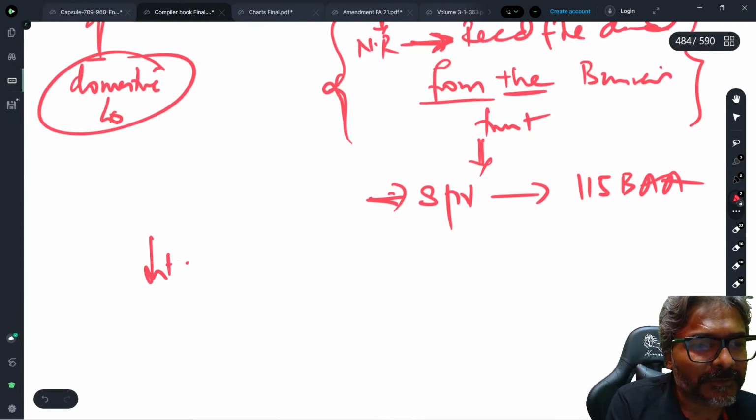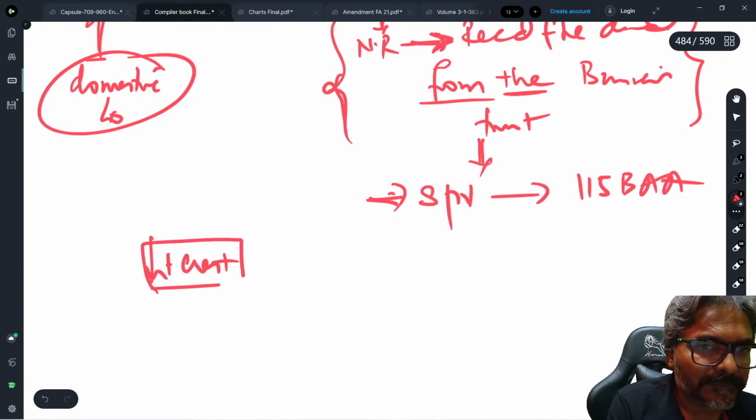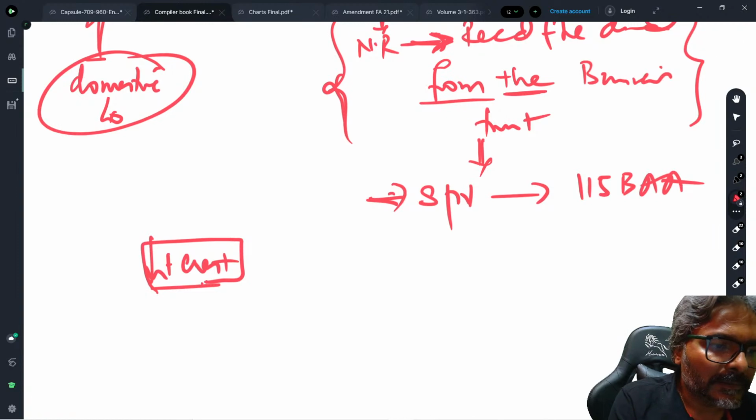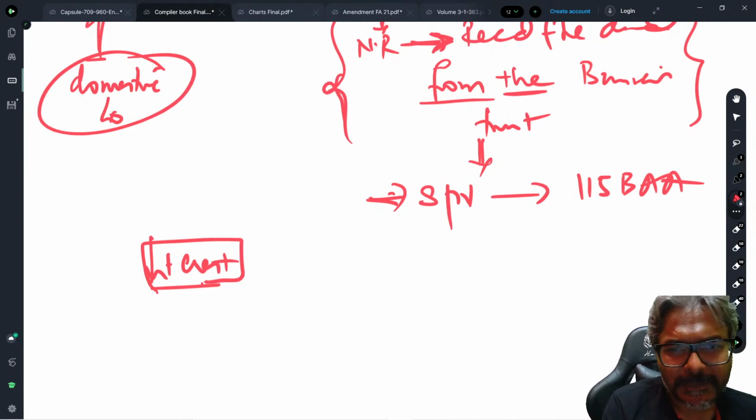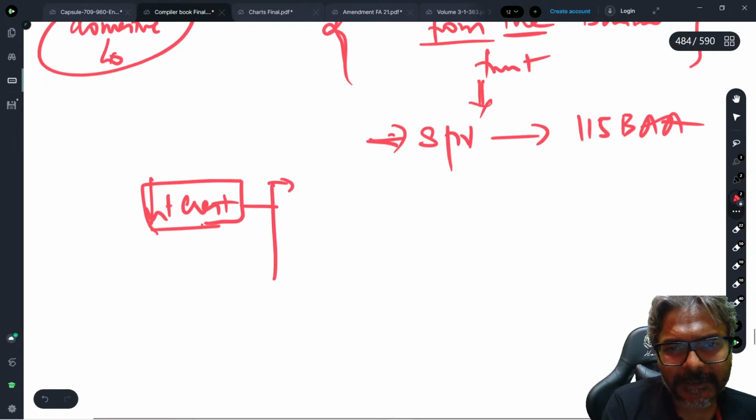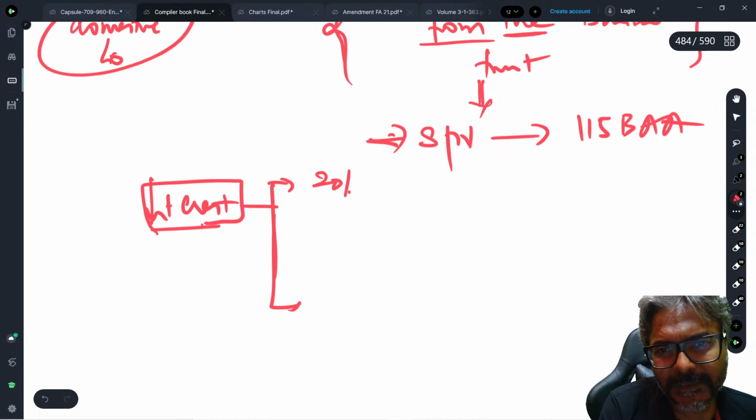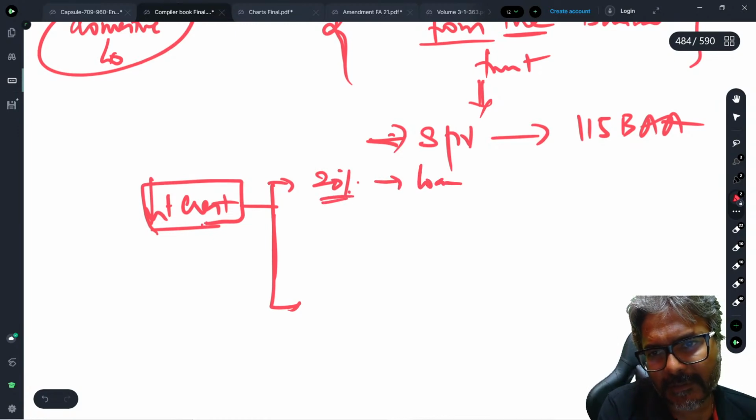Now, interest part, students, be careful. In this particular context, with interest, always keep in mind, 20% is the rate when the loan is given in foreign currency.